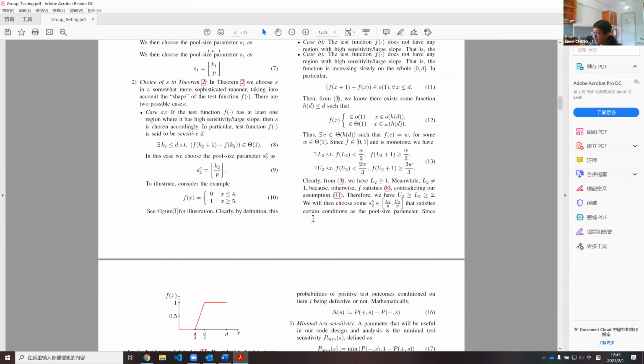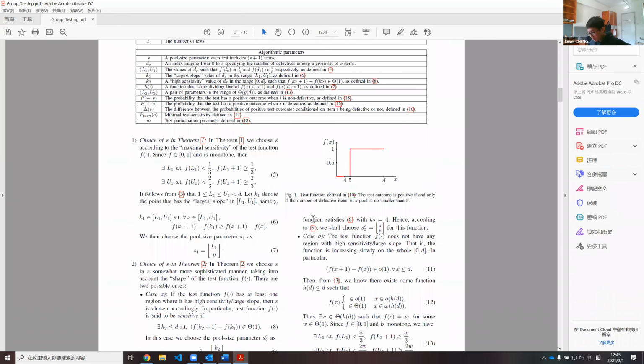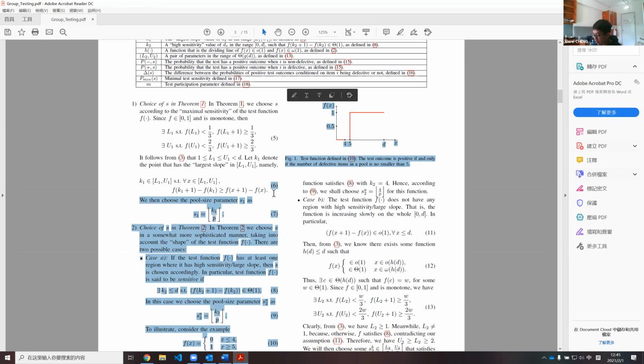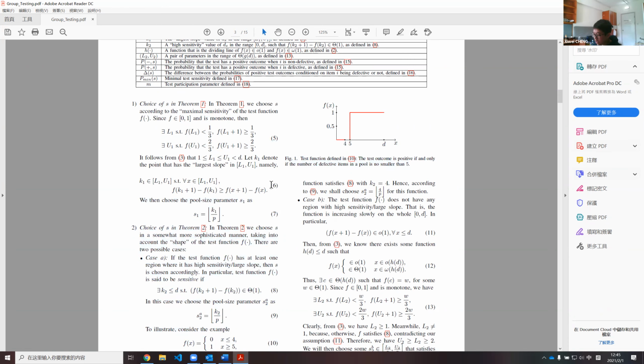Okay, let's back up a little bit. How to choose S? We offer two theorems to do that. The first theorem is quite straightforward. We first find L1 and U1 satisfying this equation, and then we can find K1 such that Fk1 has the largest increment in the region between L1 and U1.